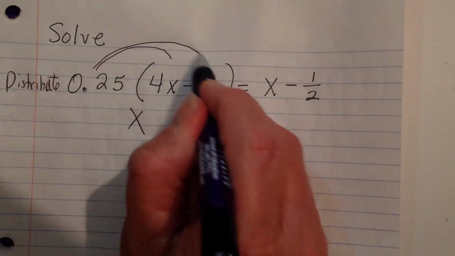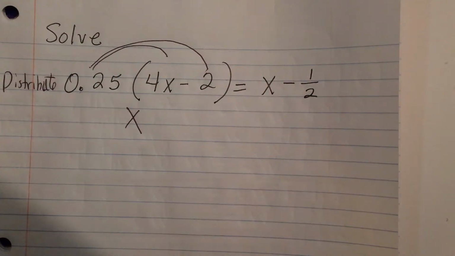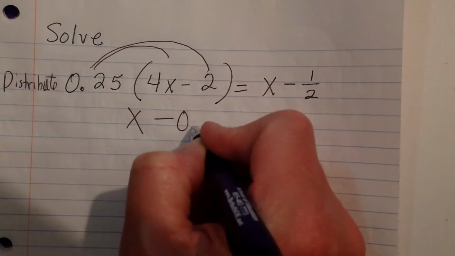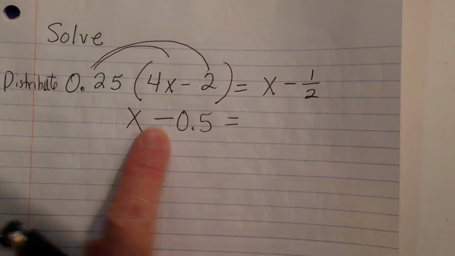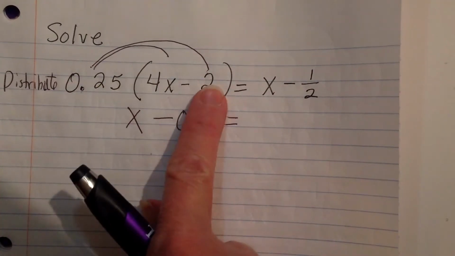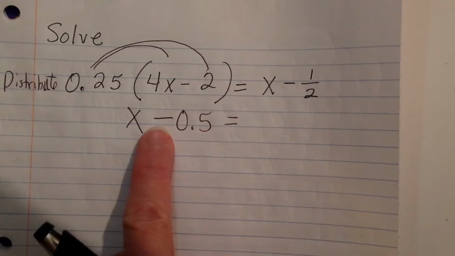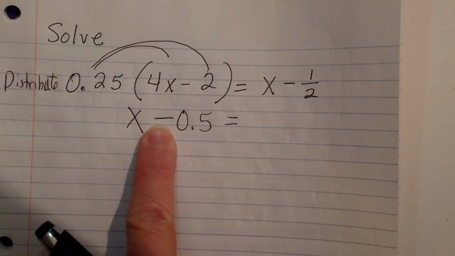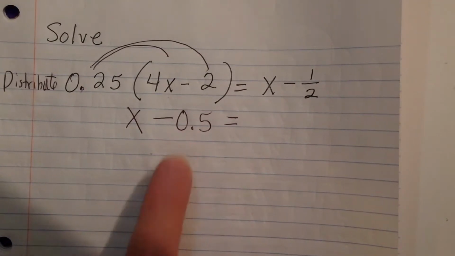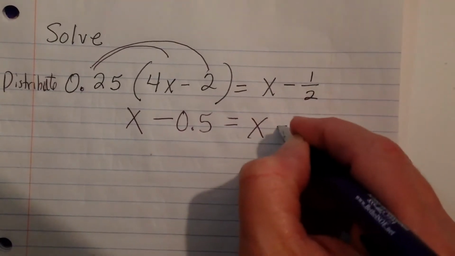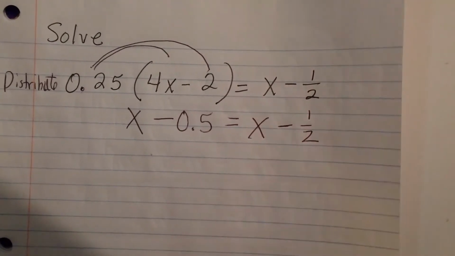Now 0.25 times negative 2 is negative 0.5. Or you could have just brought the sign down and said 0.25 times 2 is 0.5. But you do have to have the minus sign in between the two terms. Equals x minus 1/2.